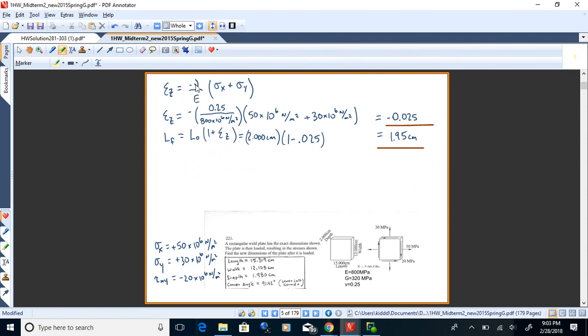Now in the z, you've got this formula here to find the strain in the z direction. Plug in the values, you get a negative 0.025. So that means in the z, it's getting about 2.5% thinner. So if I take the original 2 centimeters times 1 minus 0.025, I get 1.95 centimeters.